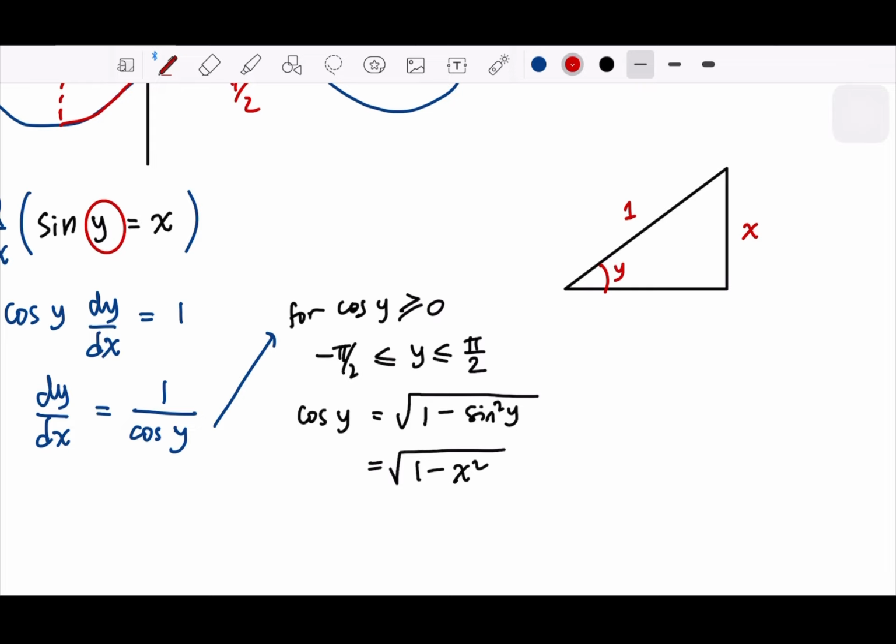Okay. Now this particular side will be square root of 1 minus x squared. So from the triangle, we see that cos y is square root of 1 minus x squared over 1. Okay?